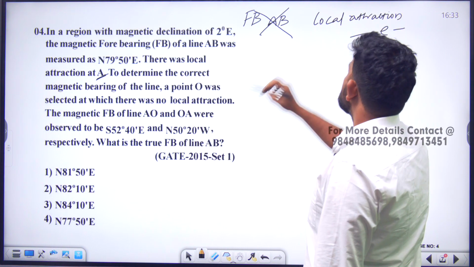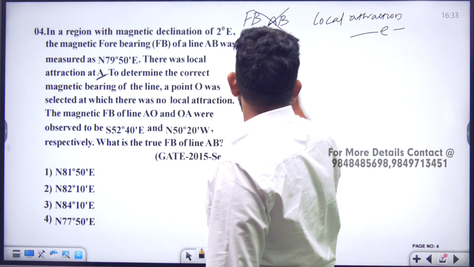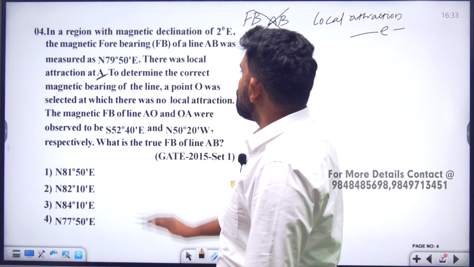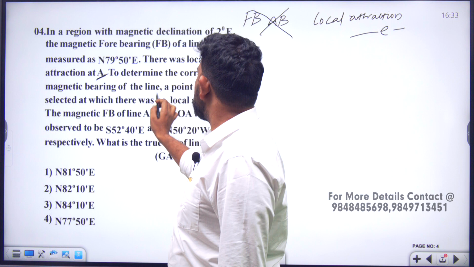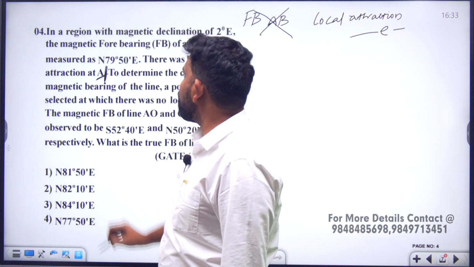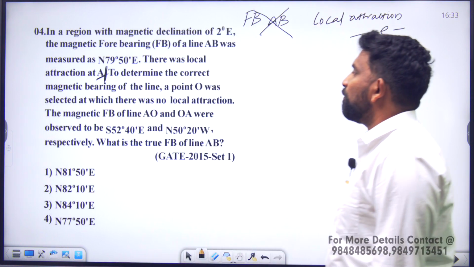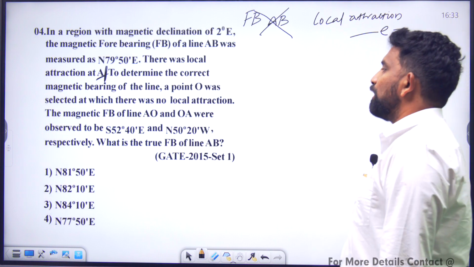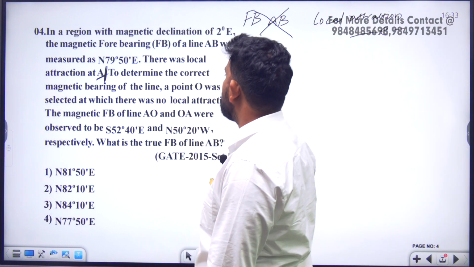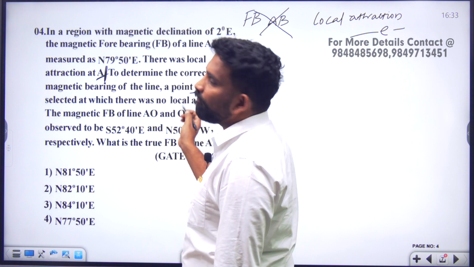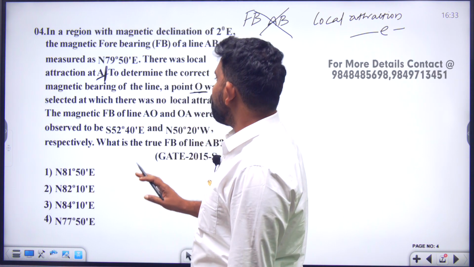Local attraction causes error, remember this, and now I have to remove that error. To determine the correct magnetic bearing of the line, a point O was selected at which there was no local attraction.